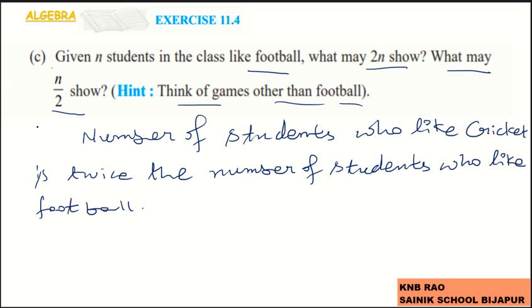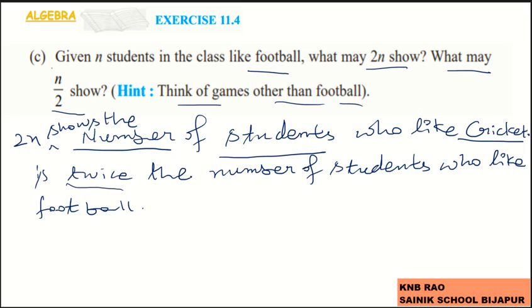So I can say 2n shows the number of students who like cricket. So I can stop up to there also, or I can say with this sentence twice the number of students who like football. So with that also I can write.